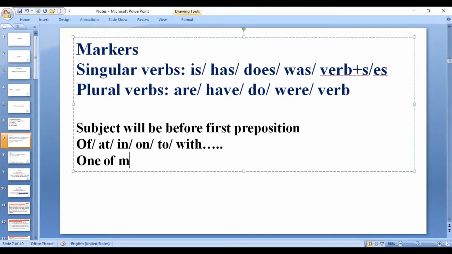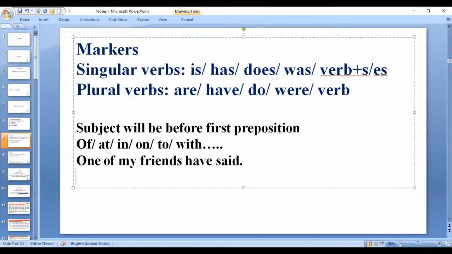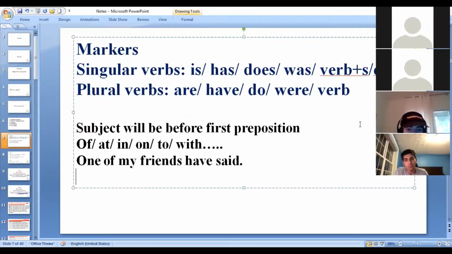Example: one of my friends have said. What is the subject here, dear? Is it a correct sentence? No, it's not. Why so? It's the wrong verb.